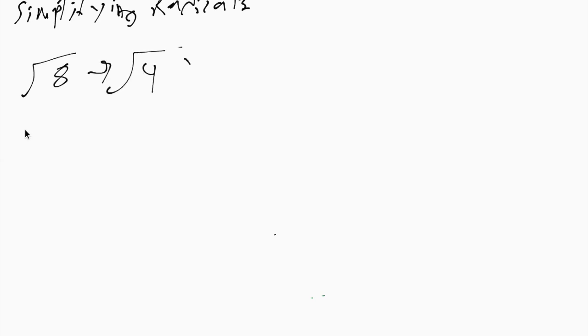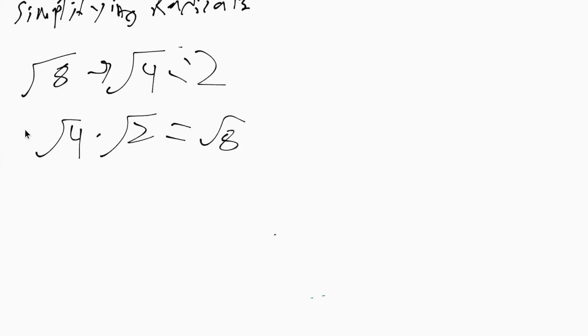Okay, so now we are going to simplify radicals. After you learn it, it's very easy. But in the first stages, it can be tough. Root 8. Root 4 equals 2.